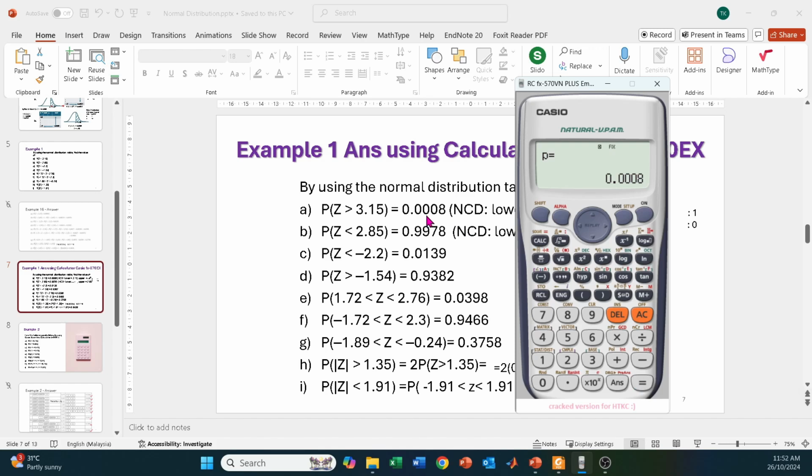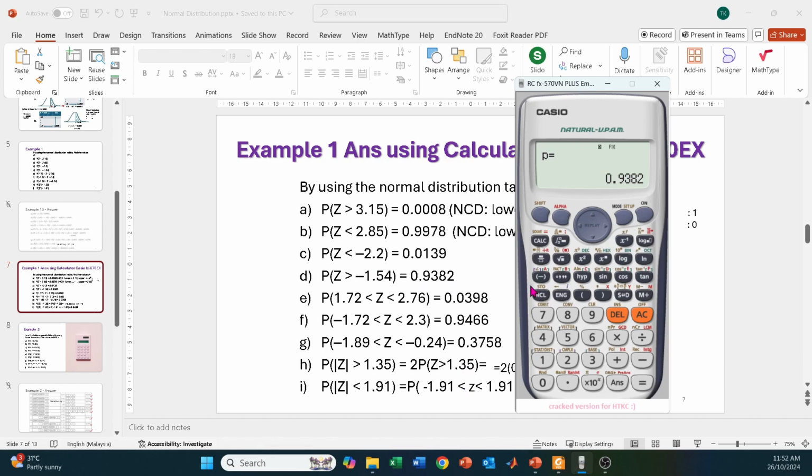Get here 0.008. Since we are in the greater mode, I will find D first, greater than negative 1.54. So lower is negative 1.54, and upper will be a very big number. I get equation D, 0.9382.